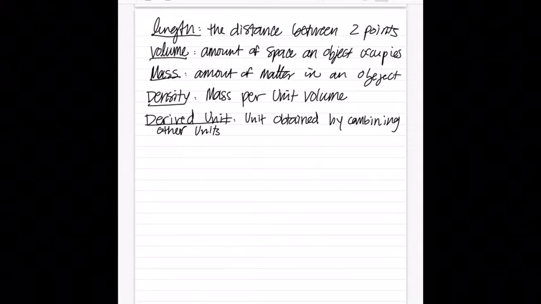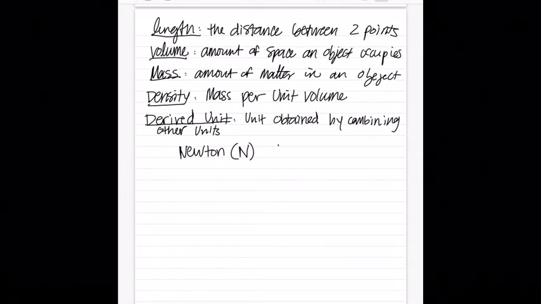Now, the example that I like to use is actually an example from physics. It's called a Newton. That's a capital N. Okay, so this is actually the unit for force. But what a Newton actually is, is a kilogram meter per second squared.